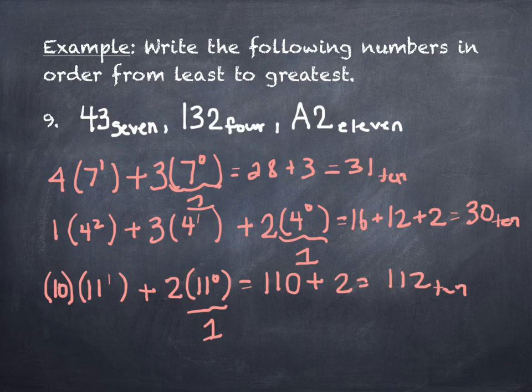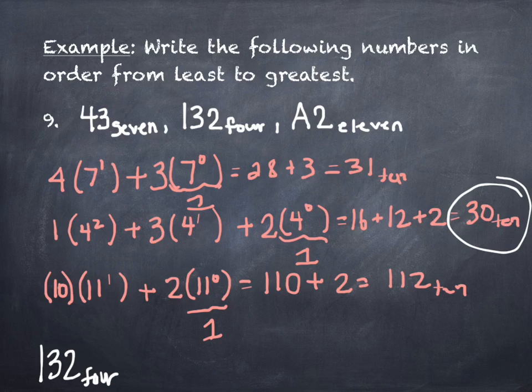Now, the directions say that we're going to write this in order from least to greatest. Now the least one, clearly for comparing base 10s, is the 30 base 10, but the point is to write it with the numerals we were given. So the numeral that corresponded to it is 132 base 4. You could put a less than sign or a comma to indicate we're doing the next one.